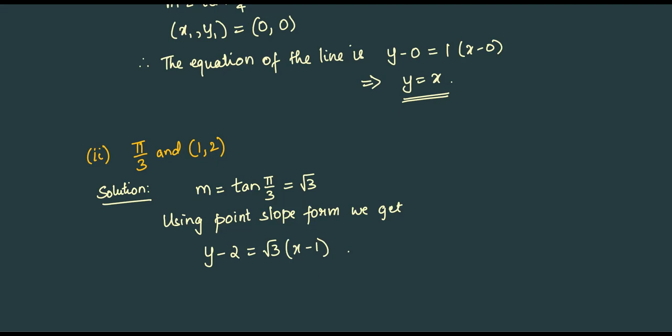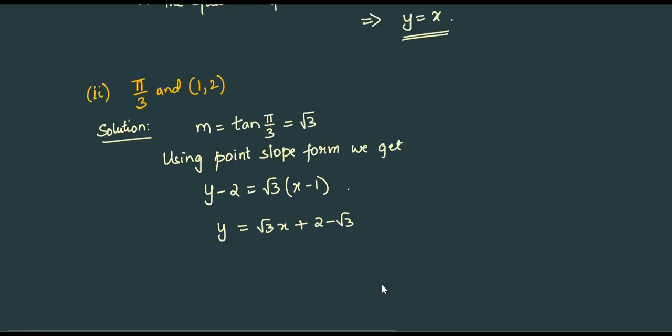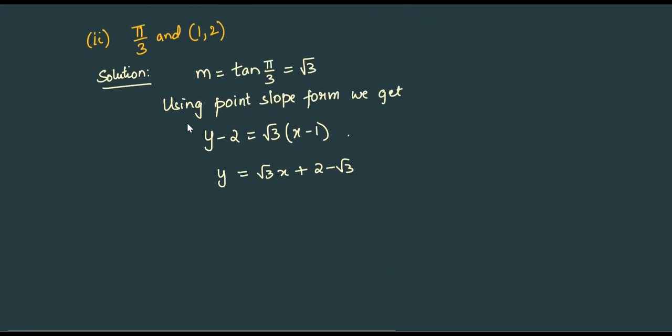We can leave it here, or we can write it in any form. y is equal to root 3 x plus, taking this 2 to the other side, 2 minus root 3. This is also all right.